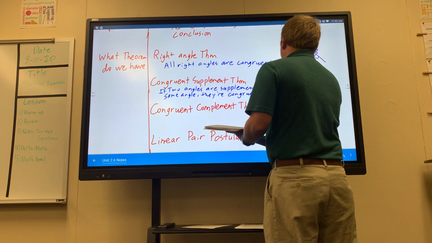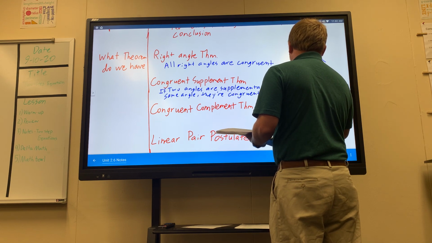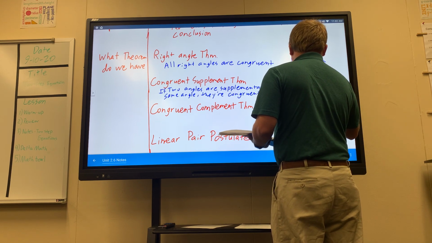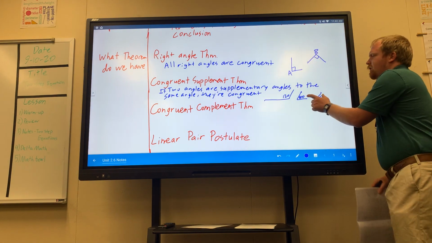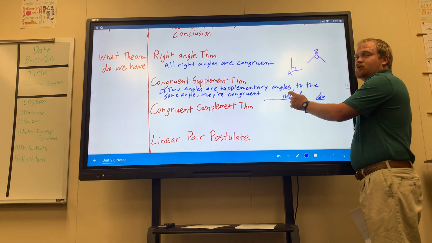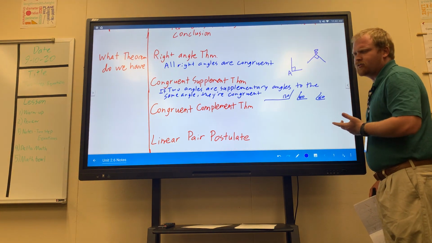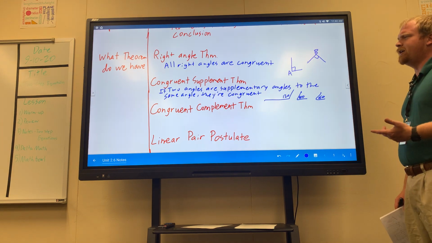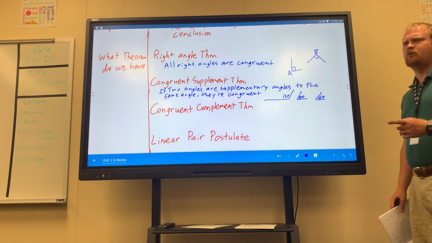Okay? So for example, if I have a 120-degree angle and I have two 60s, if these two angles are supplementary to the 120, they're both going to be congruent. That's what it means. So any pair of supplementary angles could be congruent to each other depending on which one we're looking at.